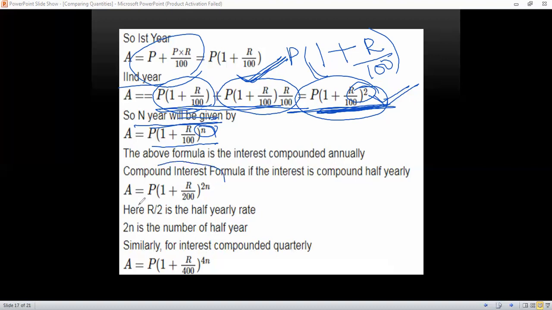So this is the formula for half yearly. If the bank or company is applying interest half yearly, this formula we will apply. If the interest is quarterly, this formula we will apply. And for annually, we will use this formula.